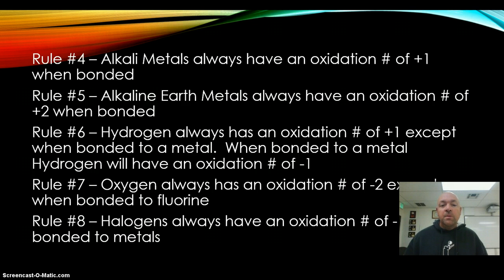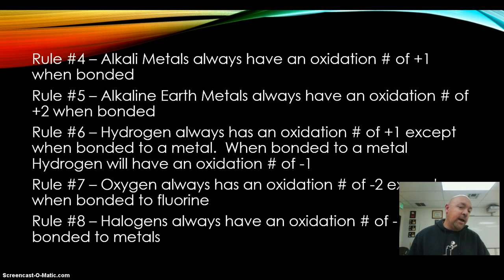Halogens are nonmetals, and the reason here would again be because halogens have 7 valence electrons, and they're going to gain an electron, and when they do that, they'll have a charge of -1. So if we go back to our charge rule, whatever the charge is, that will also be its oxidation number. So the charge on halogens would always be -1 in an ionic bond.